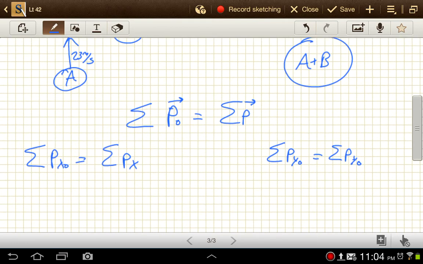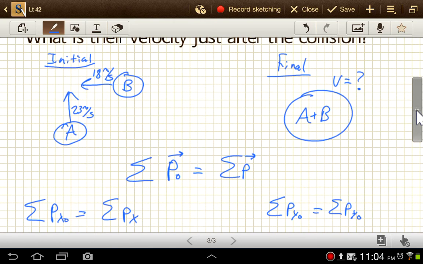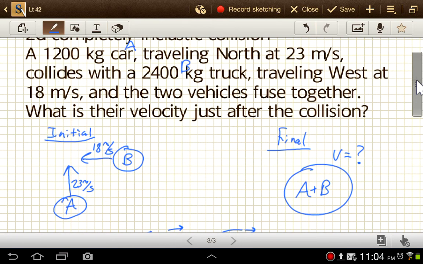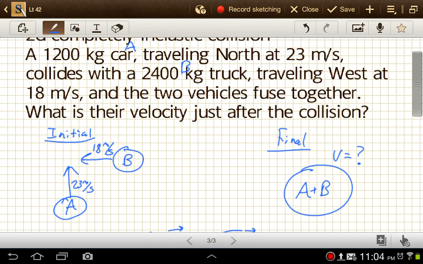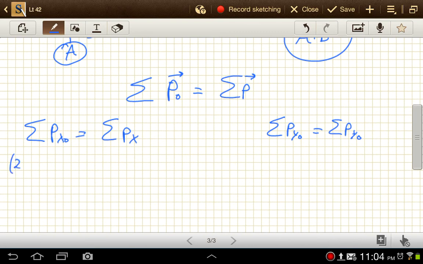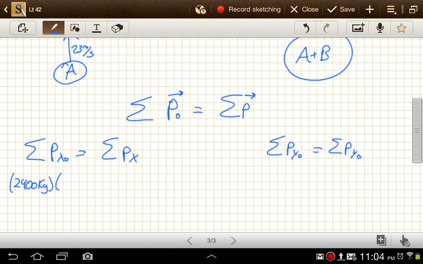So initially in the x direction we have A moving straight to the north, no contribution to the x direction momentum there, and then B is traveling to the west. That's in the x direction, we'll call that negative. So B has a mass of 2,400 kilograms and is traveling at a speed of 18 meters per second west, so I'll call that negative 18 meters per second.